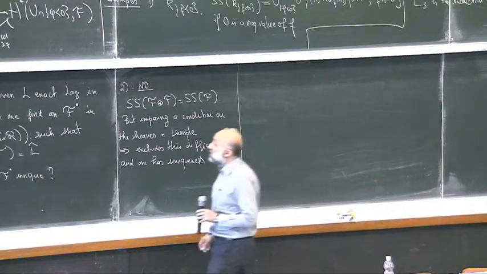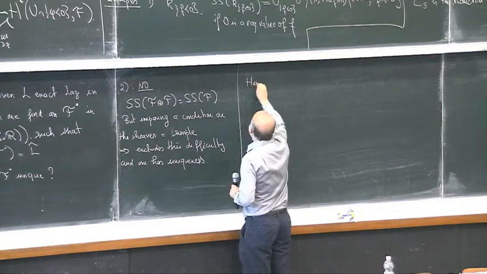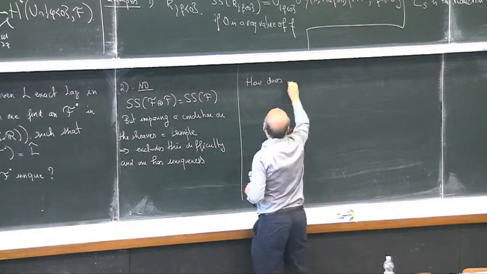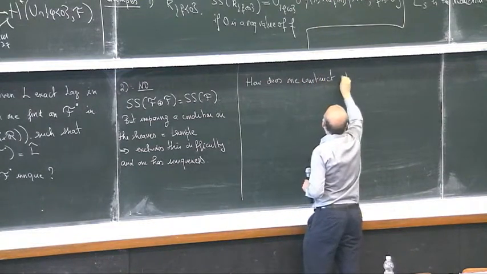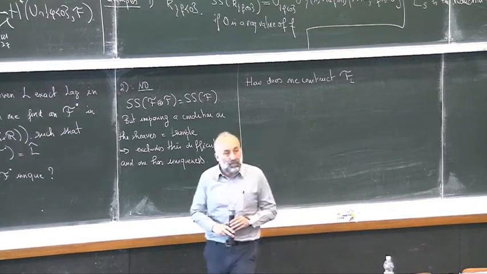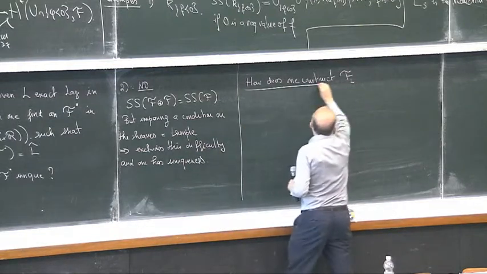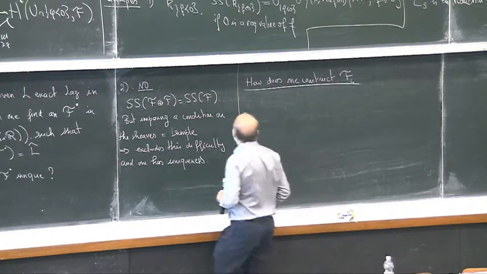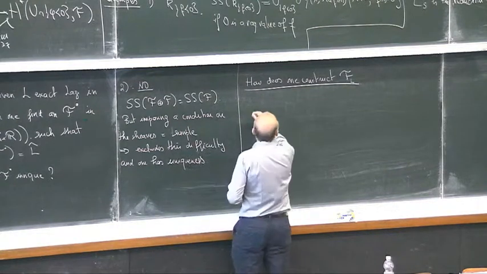Okay, so now the question is how does one construct F_L? So there are two situations.